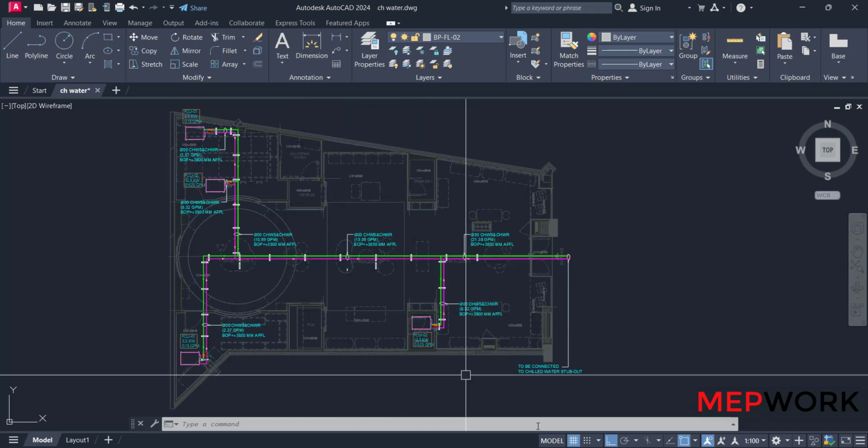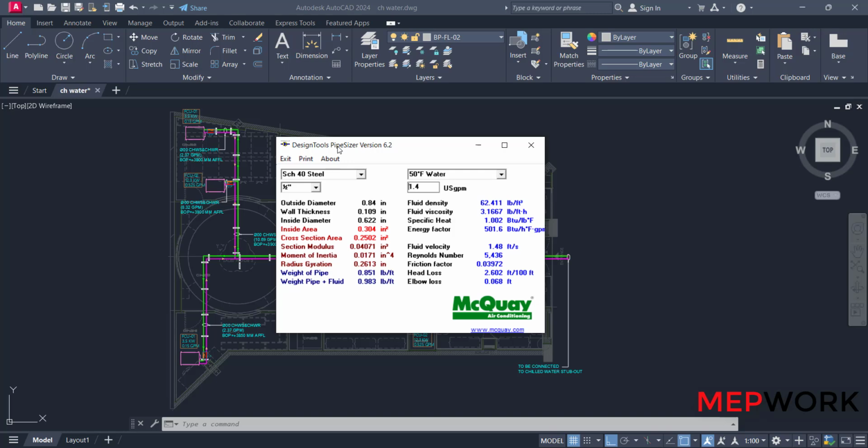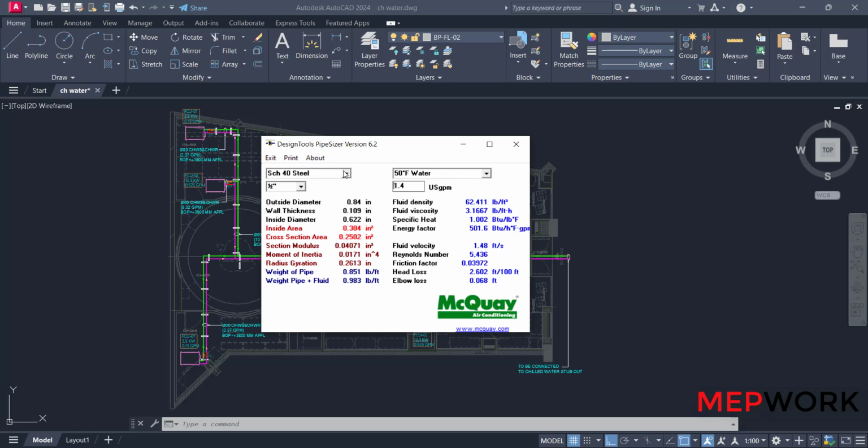Let's start sizing. Now we have McQuay Pipe Sizer software. In this drop-down menu, we select the chilled water pipe material. In our example, it's Schedule 40 steel. And in this menu, we select the type of fluid and its temperature.